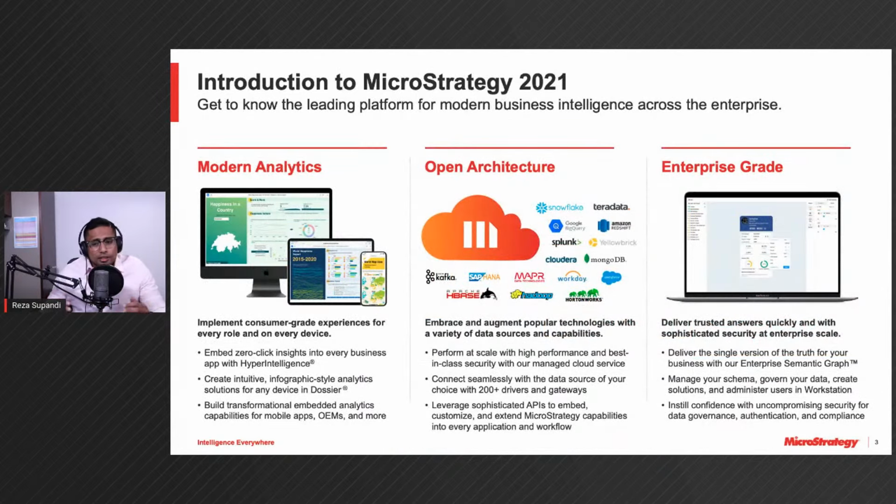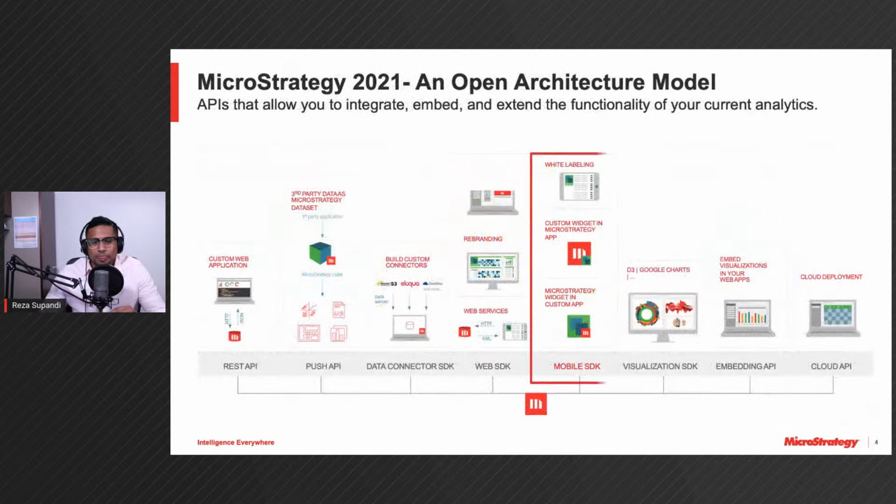Before we get into our content, we'd like to remind you that today's presentation covers our latest platform release, MicroStrategy 2021. MicroStrategy 2021 is an enterprise-grade platform where you can leverage modern analytics on any device of your choosing, and you can take advantage of an open architecture. This open architecture allows you to extend, integrate, and embed MicroStrategy across your existing investments with a wide variety of products, including, of course, Mobile SDK, the topic that we're going to talk about today.